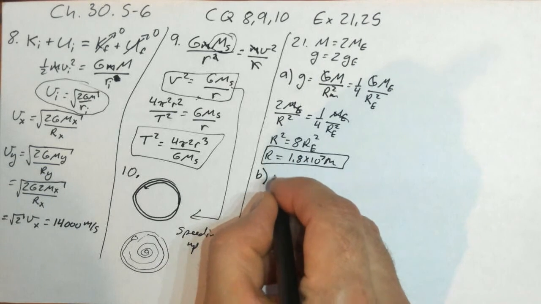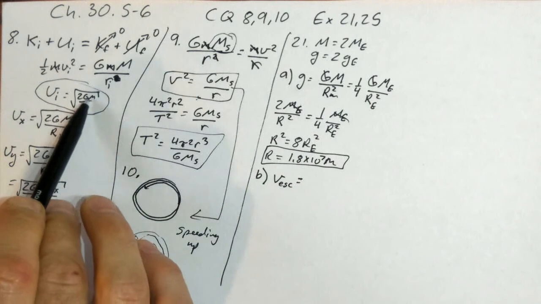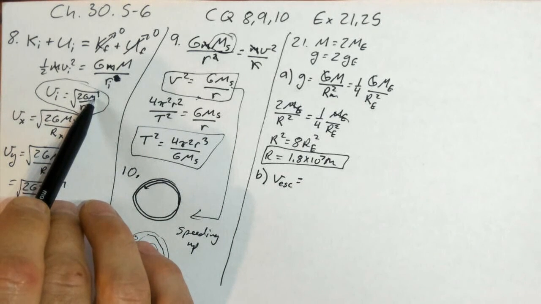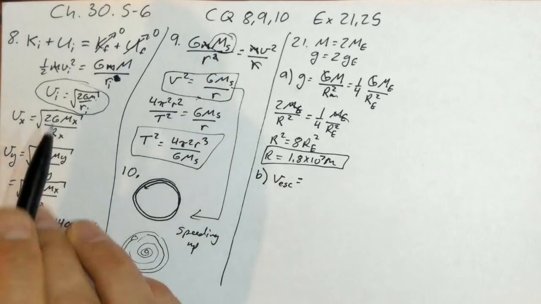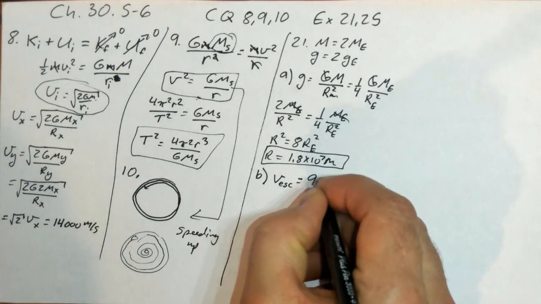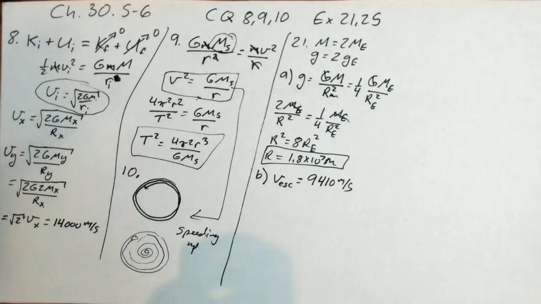If you do, you're going to get this escape speed, because we know G, we know the mass of the planet, twice the mass of the Earth, and we now know its radius, just plugging in our numbers. We'll end up with 9,410 meters per second. Because its mass is bigger, but its radius is also bigger by more than twice, the escape speed is smaller.